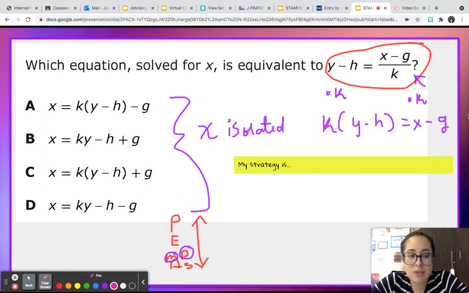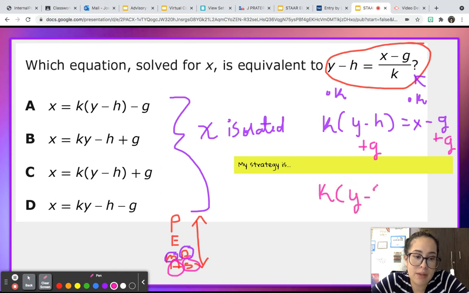So the inverse of subtracting is adding. So I'm going to add g to both sides. And then I got k times y minus h, plus g, is equal to x.